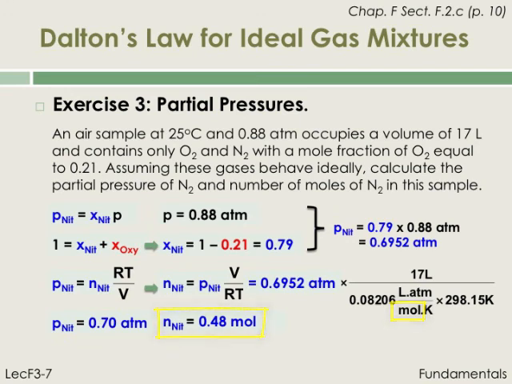Okay, so note that when I did this calculation, even though I knew the pressure of nitrogen, when I report the pressure, I use 0.70 with two significant figures. When I calculate the number of moles of nitrogen, I use more figures to make sure that I don't perpetuate these truncation errors that could eventually affect my final result for N. So when I do that, I get a number which is not 0.48.